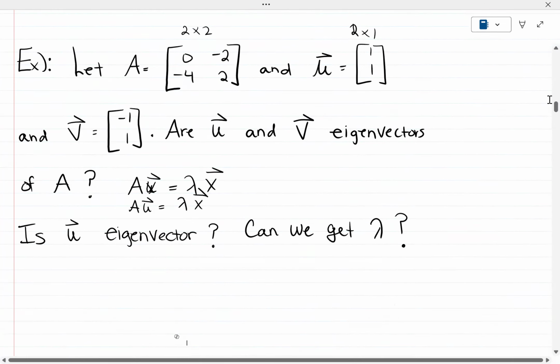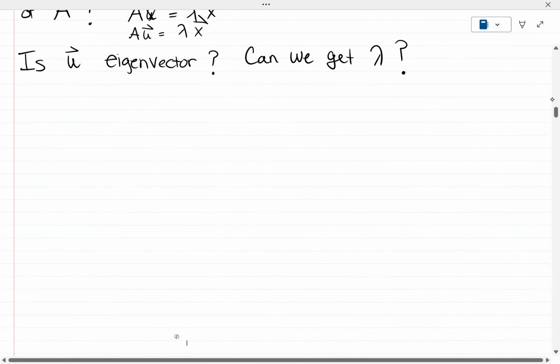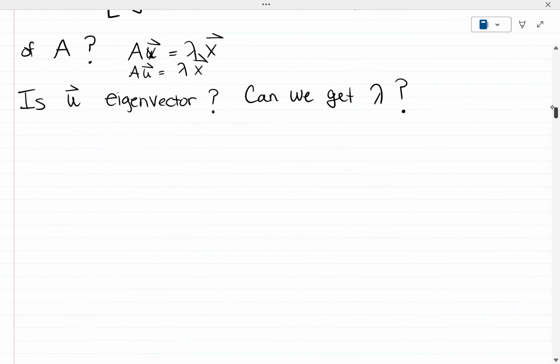Let's see. Let's do the first one. Is A times vector u equal to lambda times vector u? We have everything we need.